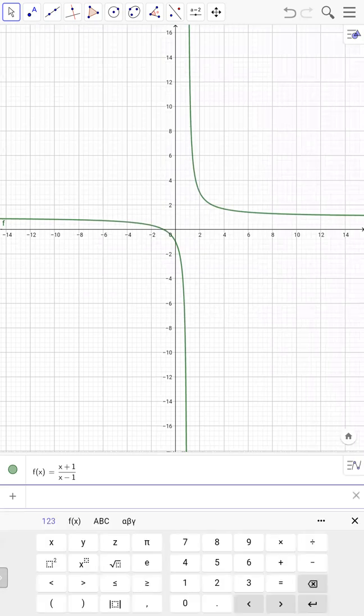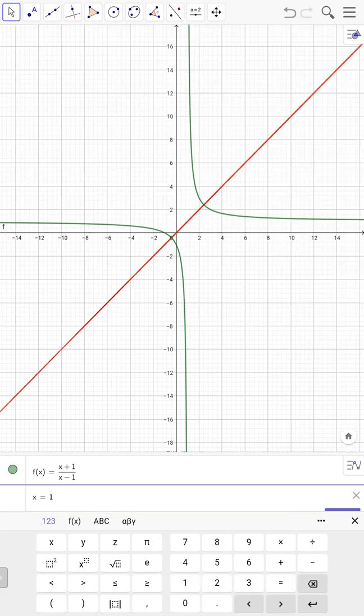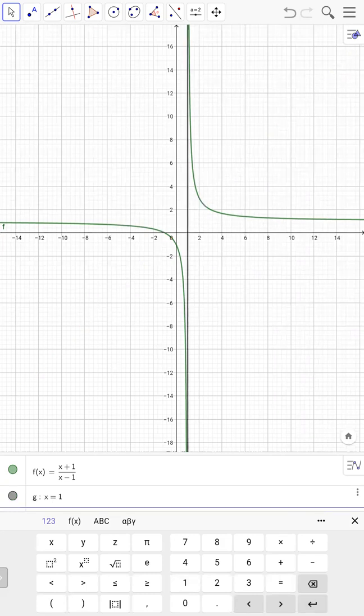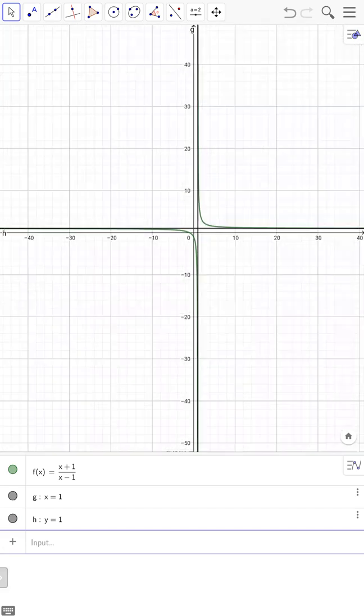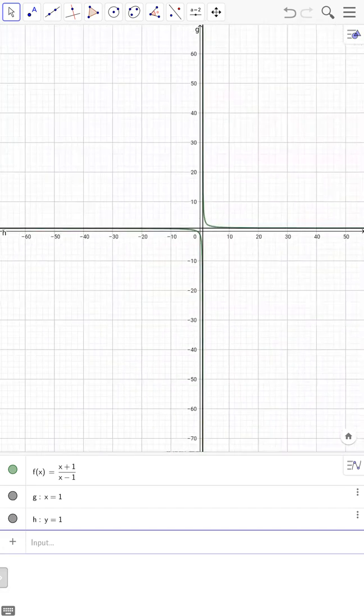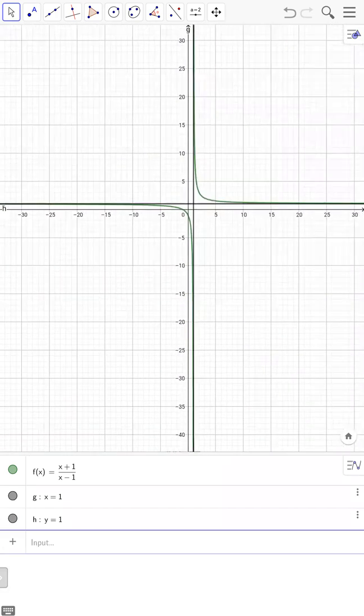Let me plot the vertical asymptote, x equals 1, and then the horizontal asymptote, y equals 1. Notice the graph does approach the asymptotes, although hindi ganun kakita dahil hindi nakascale ito.